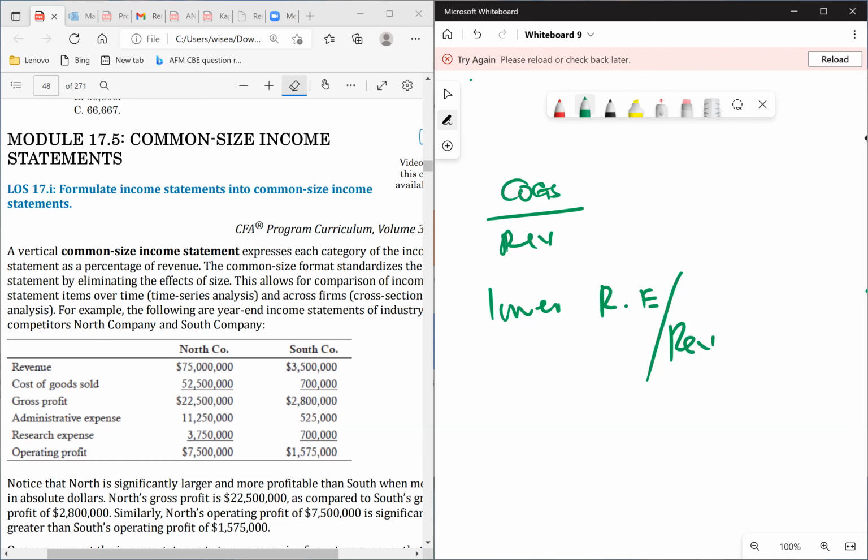What are the changes in the percentage when it comes to common size analysis? So year one, what is the cost of goods as a percentage of revenue? Year two. So that will be the time series comparison. Then the cross-sectional one is where we compare within the same industry or across industries. And that is the surest way of comparing two companies, especially if they are not of the same size.